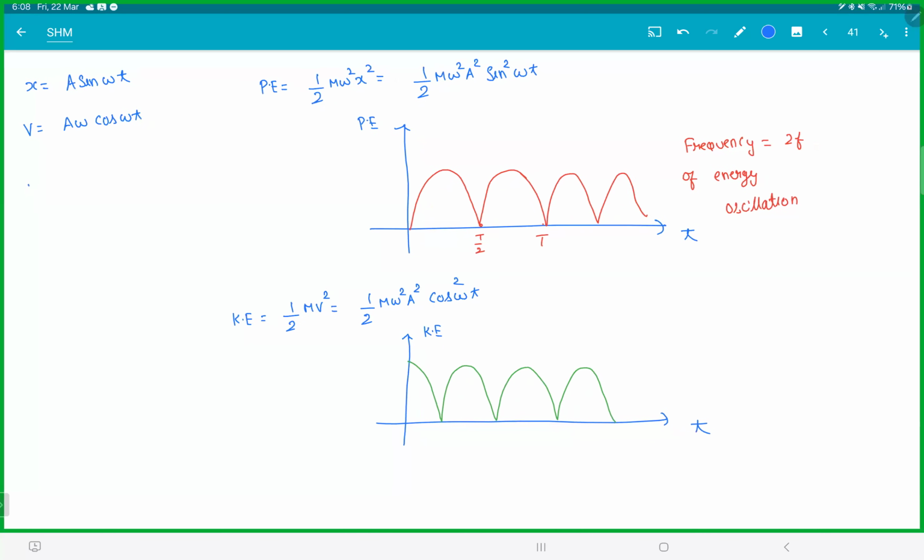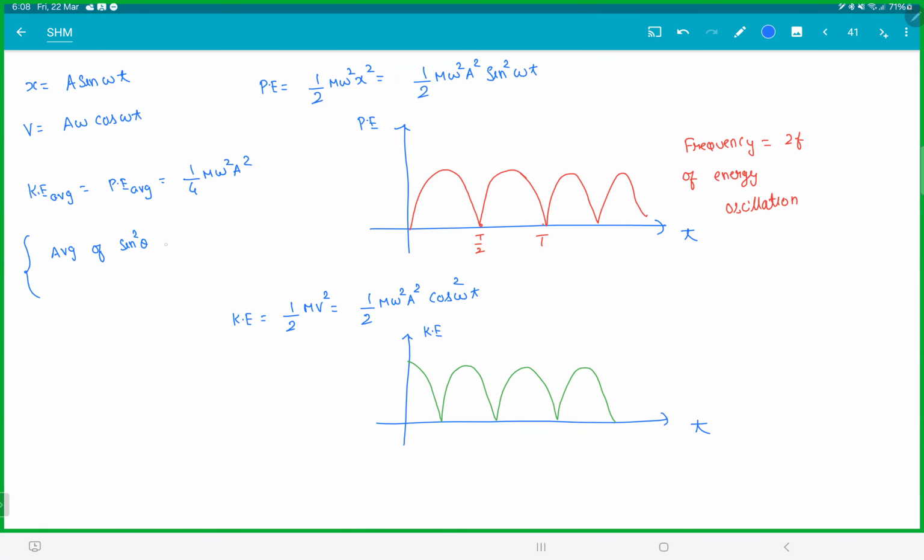And they can also ask you this: kinetic energy average, potential energy average is 1 by 4 m omega square a square. Reason: the average of sine square and cos square is 1 half.